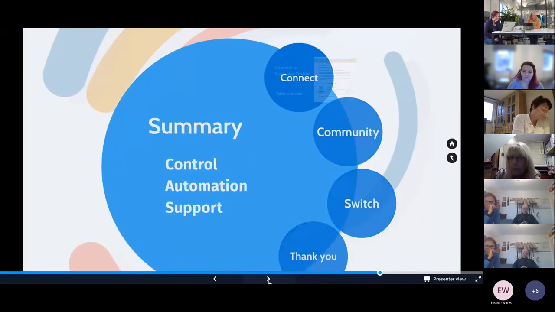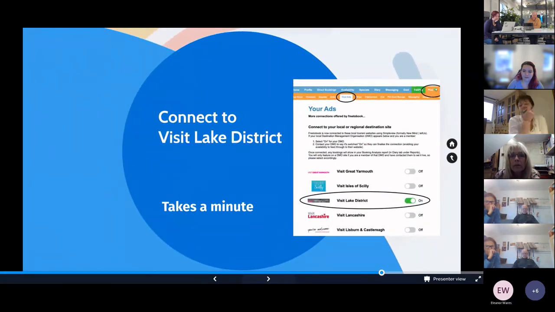So in terms of connections to your Visit Lake District, in Freetobook, you would just go in and there's a couple of tabs. You get to the place, you click the button on, and that's it. There's nothing else. And then it will just feed through your rates and your availability directly through there. And the bookings that do come in from the Visit Lake District site are tagged so you can see them and report on them as well.